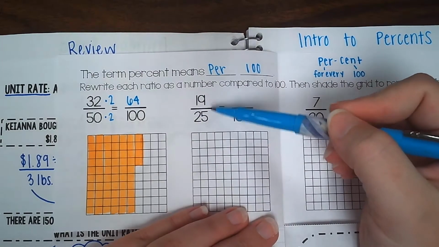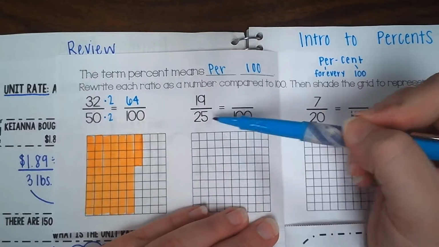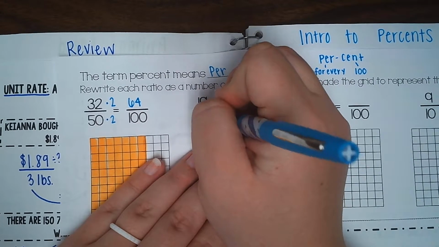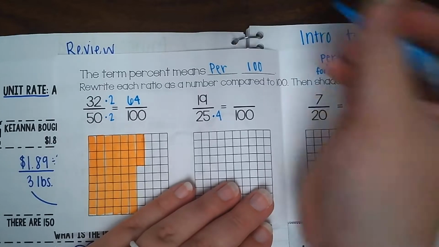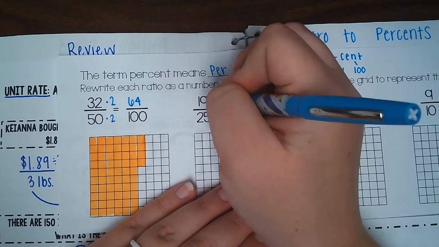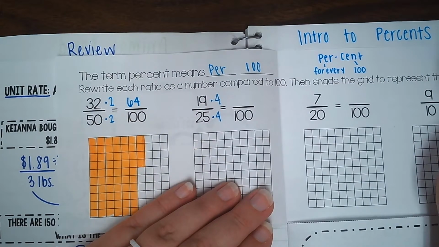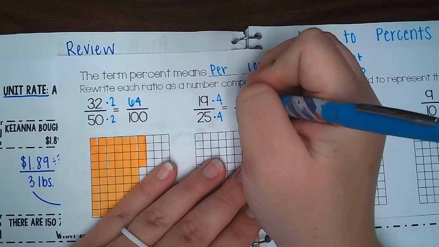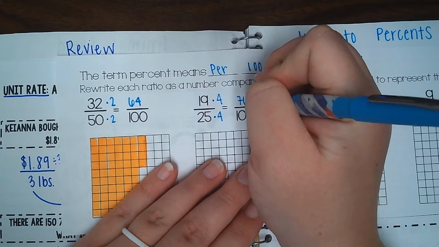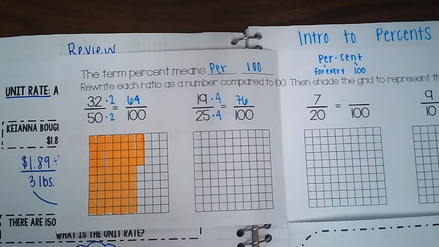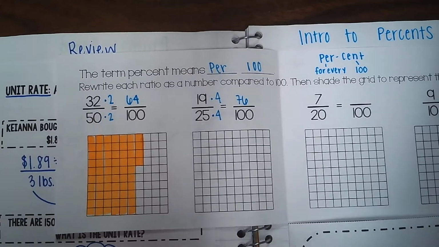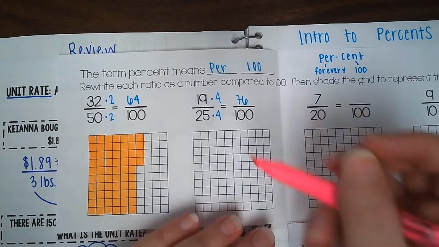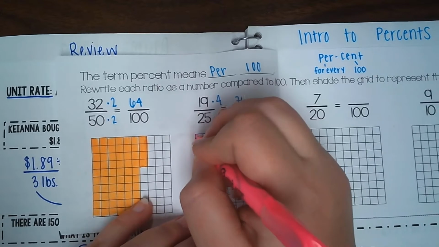Next we have 19/25. To get from 25 to 100, you multiply by 4. So we also multiply 19 by 4. 19 times 4 is 76. So when I shade these in, just like I did before, I'm going to shade in 7.